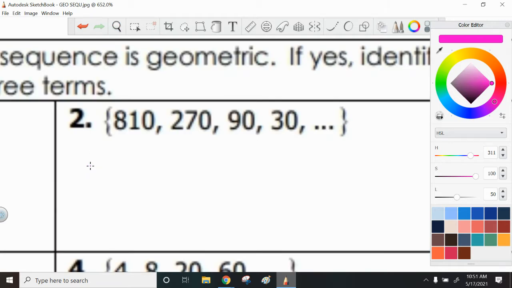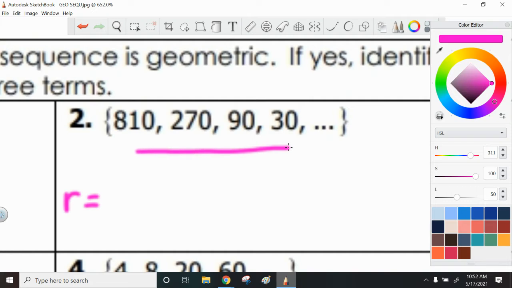Number 2 is a positive number, a positive number, a positive number, a positive number. So it's not a negative ratio. It is geometric. What would our ratio be? Something with a 3, right? So that's a really good thought. Why'd you pick 3?